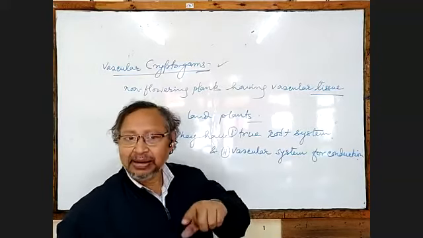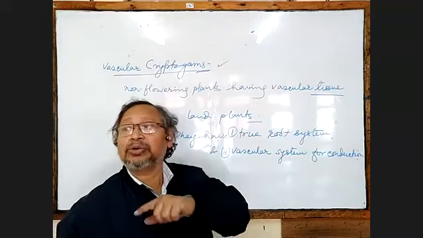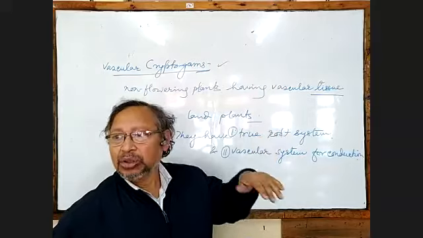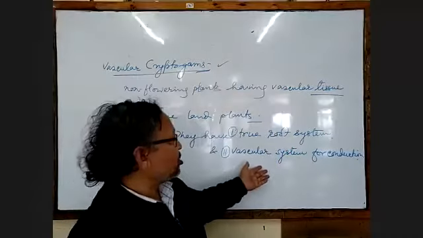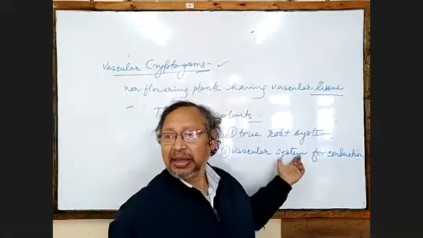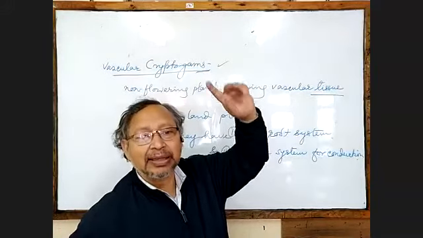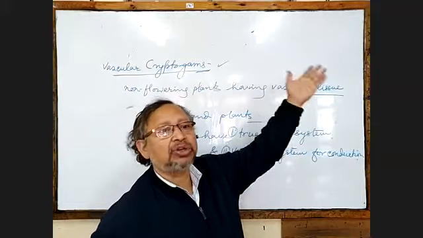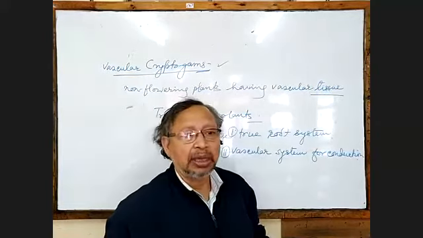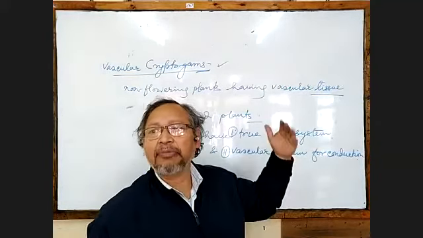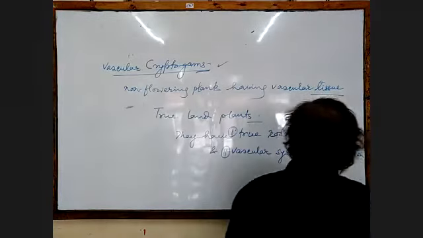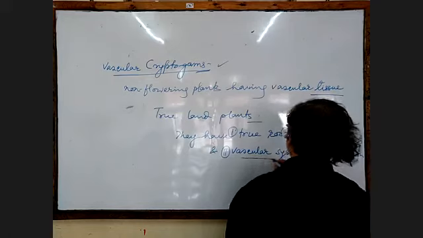Then they have to conduct it to the other parts of the plant. For water conduction, xylem is there. The food is synthesized at the top in the leaf, so it should be transported to the root. So they have phloem.